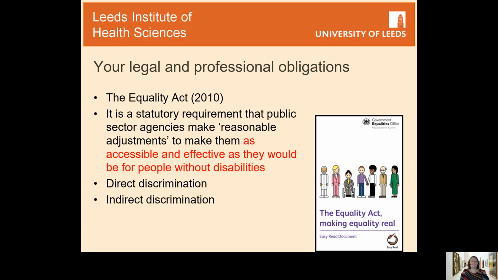However, I know they just won't understand the education that's on offer in my trust or in my CCG. So I'm not even going to offer it to them. I'm not going to bother. I'll just say they refused. You haven't tried to explain it. You haven't talked to them about that service, and you haven't contacted the education team to find out if they can make reasonable adjustments. So you've discriminated against them on the basis of their characteristic as having a learning disability.